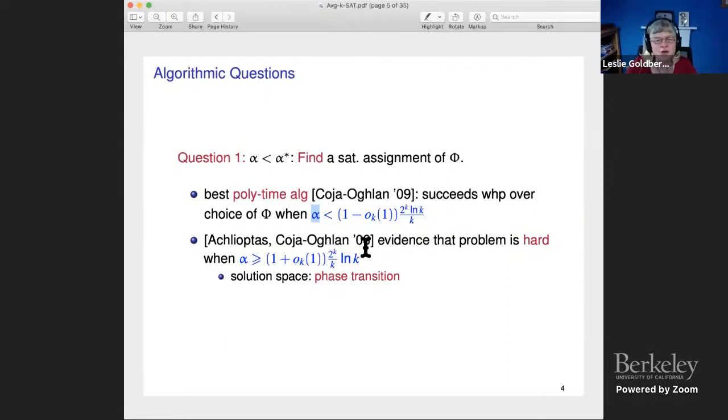And what we actually know is that this factor of k is kind of important because together with Dimitris, Amin gave some evidence that the problem is likely to be hard if alpha's bigger than about 2 to the k over k, because that's where the solution space has a phase transition and the satisfying assignments are not connected. So for example, if you had a local algorithm, you definitely wouldn't be able to get between the solutions.